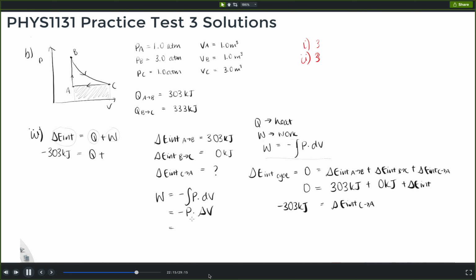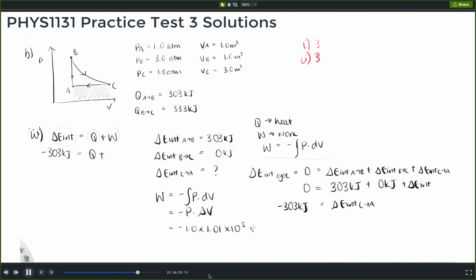The thing we need to remember, though, is that all of our values for pressure and volume need to be in SI units. So pressure needs to be in pascals and volume needs to be in cubic meters. So at A and C, the pressure is 1 atmosphere. To convert that to pascals, we multiply by 1.01 times 10 to the 5, and then we multiply that by our change in volume.